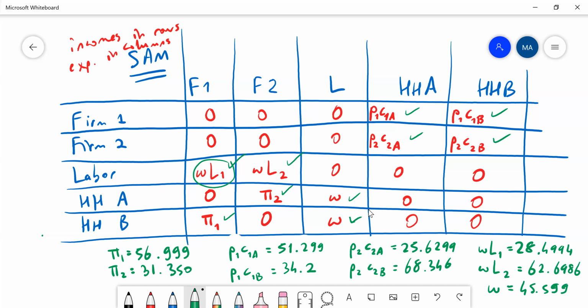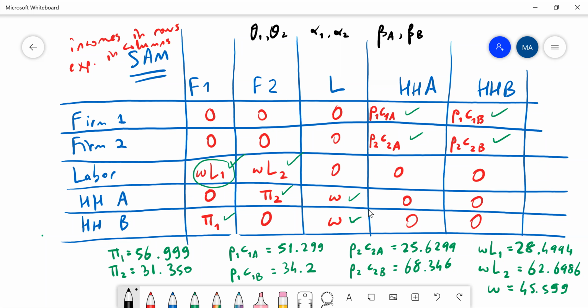Then what I want you to do is to try to calibrate the parameters. So what are these parameters? You have theta 1, theta 2. These are technology parameters. Then you have alpha 1, alpha 2. These are production function curvature parameters. And then you have beta A and beta B. Okay? You have 6 parameters.